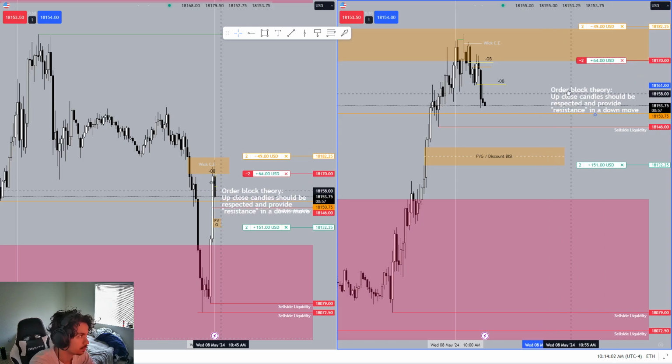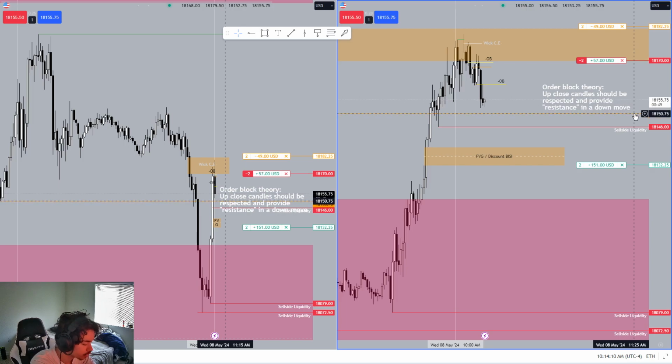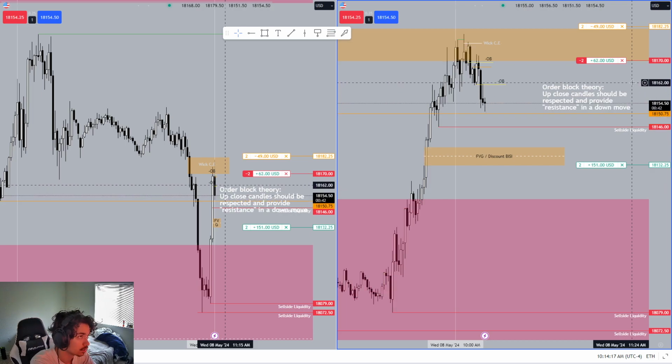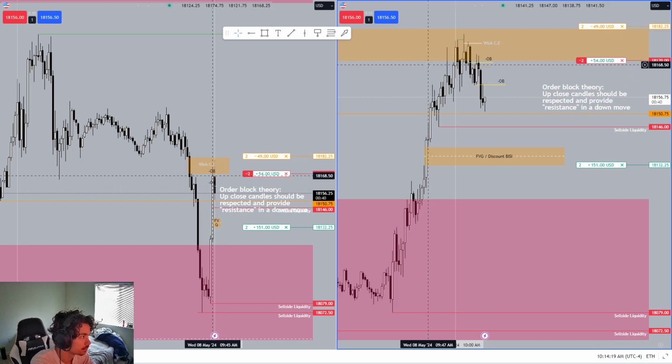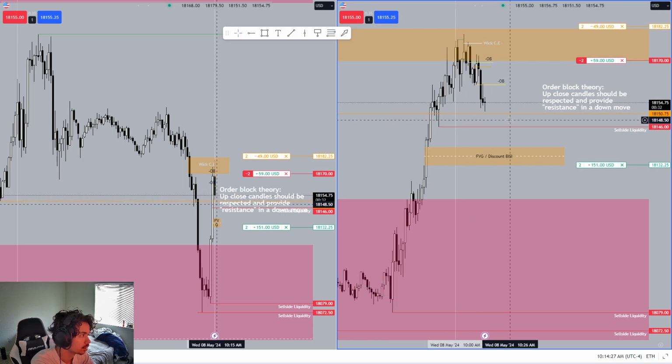This is basically the memo of what order blocks are. If I had to put it in a single paragraph. Of course, there's so much more behind it, but this is what you want to see. This is what you want the pattern to be. Now right here, we're seeing a swing low forming, and we're going to be very patient.